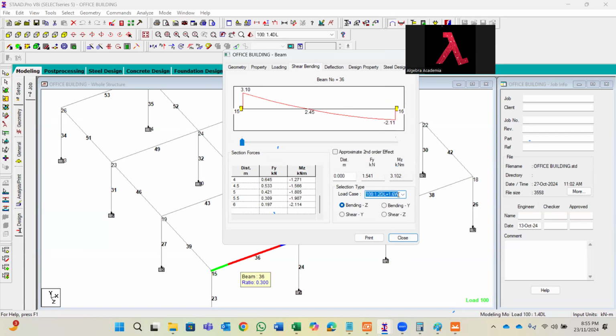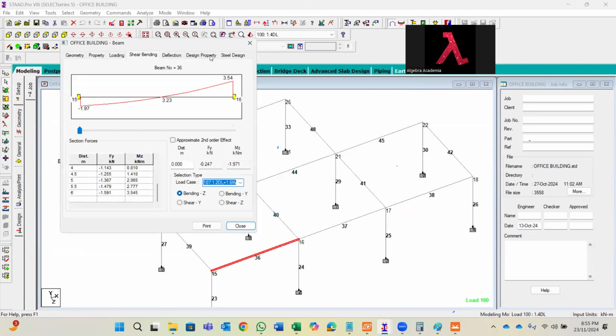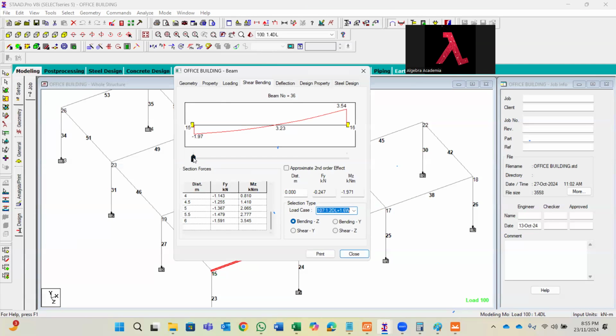I can see 3.54 is the maximum. Here at node 15, 1.97 is the moment. At node 16, it's 3.54. Now moving back to the cursor, I want to provide it at exactly 1 meter distance, which is 1.5.